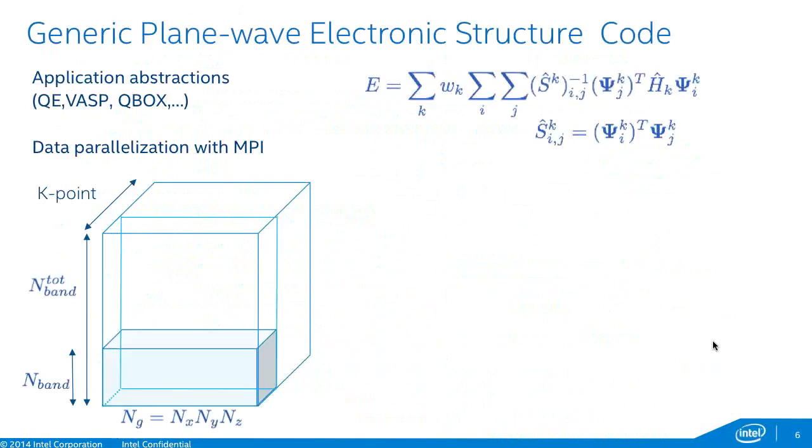Pay attention to the first loop over K, which represents a Brillouin zone in the physical sense, but mathematically it's just some numbers with a weight determined by the particular K vector.